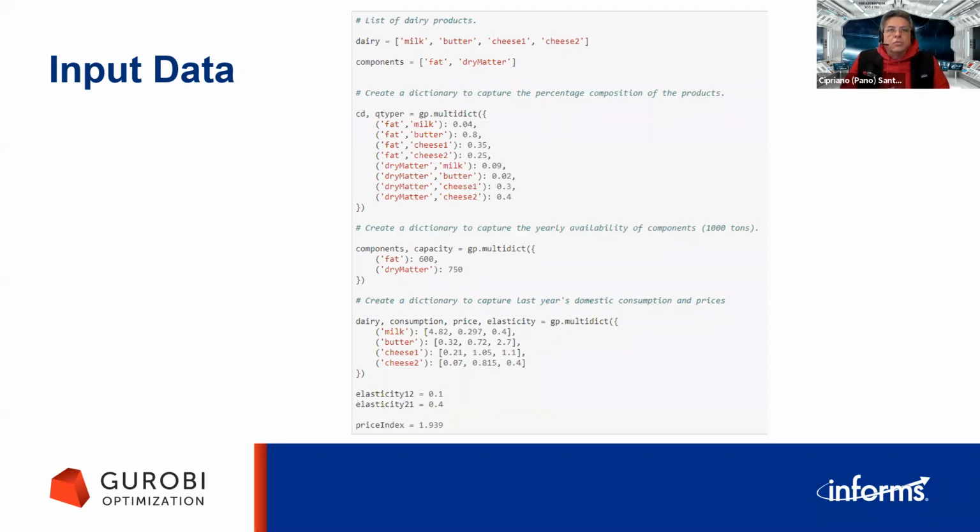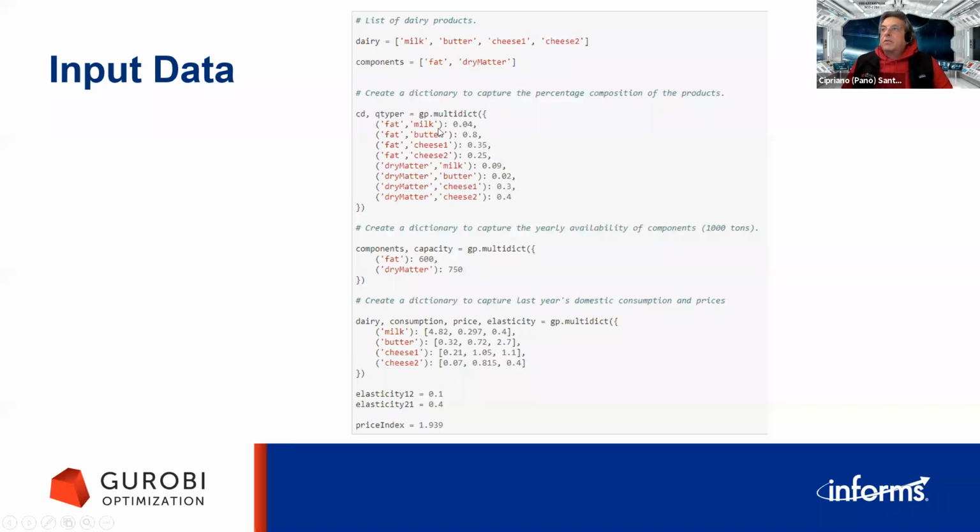And this function will return a list of shared keys as its first result, followed by the n individual Gurobi tuple dictionaries. So to define the parameters of this model, we are going to use these multidicts for, as a matter of fact, all the problems that I'm going to present. It is very powerful and very natural for us using AMPL or GAMS and all of that. This is the way that we enter data.